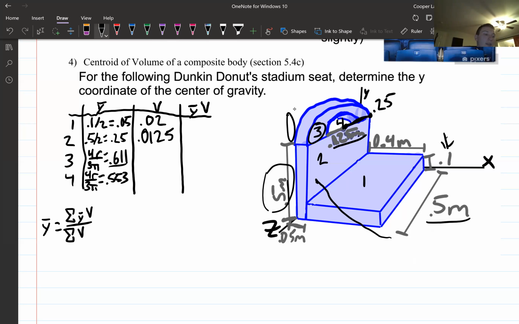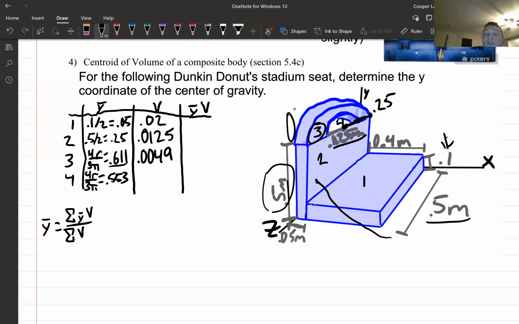Then I'm going to calculate volume for my semicircles. If you don't know, the volume of a circle is pi r squared times height. However, we're using a semicircle, so we're going to do pi r squared divided by 2, which, if I plug into my calculator, gives 0.0049.